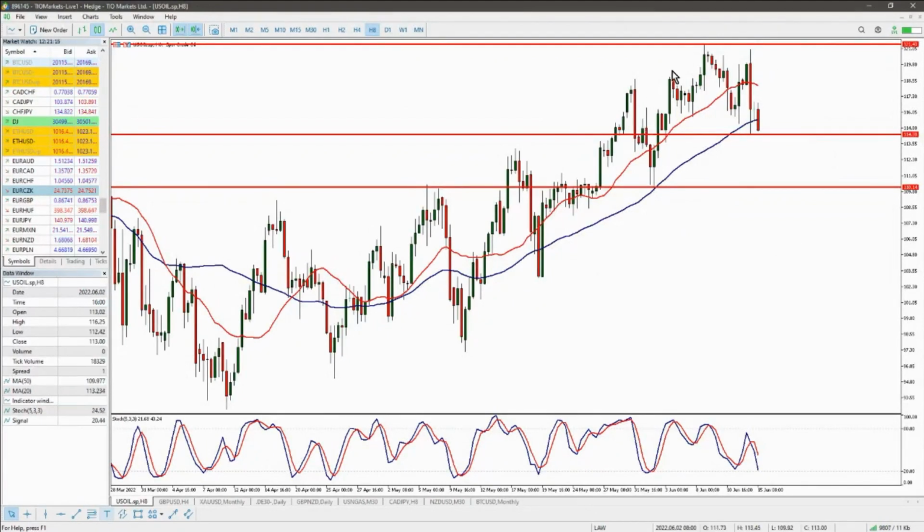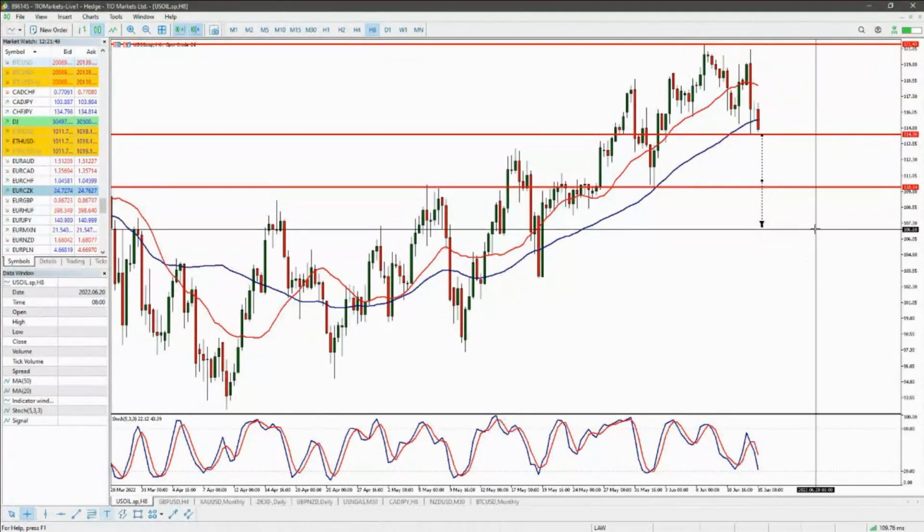Anyway, so we can see that the momentum is slowing down, and this support at 114.30 is now a key level. So if we get a decisive break below that level, then we could get a measured move lower. This is the width of this range here. And if the market moves below this level and doesn't recover quickly, then we might get a move all the way down to 107 or so.